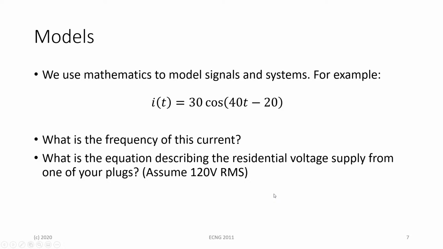The equation that describes the residential voltage supply from one of your output plugs tends to be, let's say we're using 120 volts RMS. The frequency there is basically 60 Hz, so we'll be doing 1 divided by 60. And any relevant phase shift would be there accordingly.